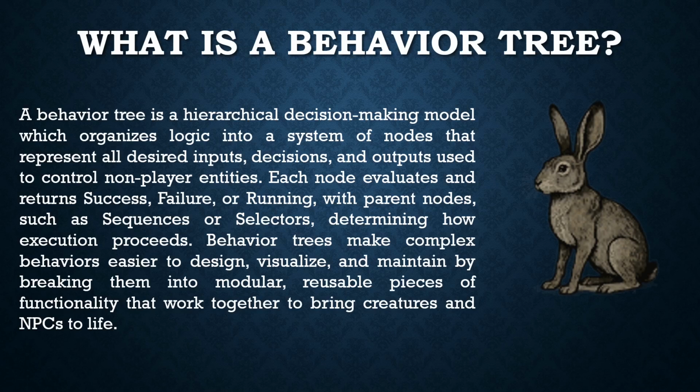The parent nodes, in this implementation, are sequences and selectors, and they determine how the execution or the flow of the behavior tree occurs. Behavior trees make complex behaviors easy to design, visualize, and maintain by breaking them into modular, reusable pieces of functionality that work together to bring creatures and NPCs to life.